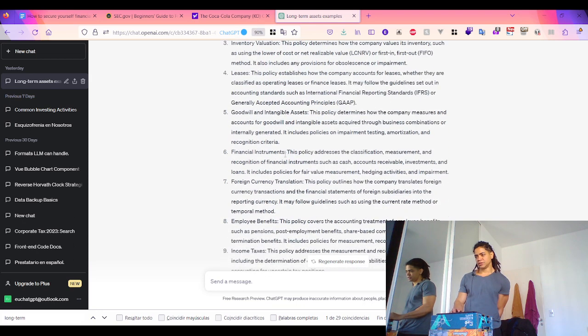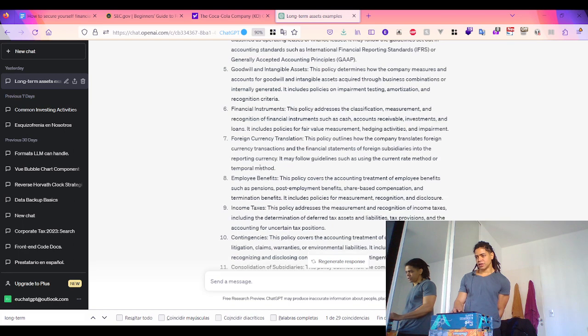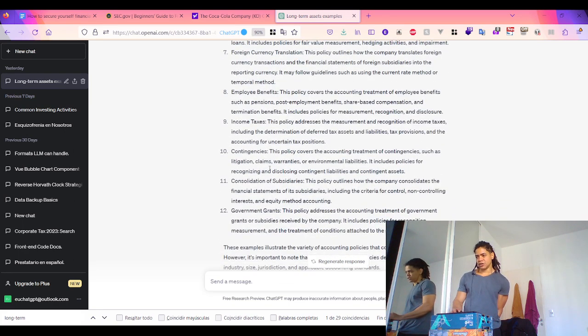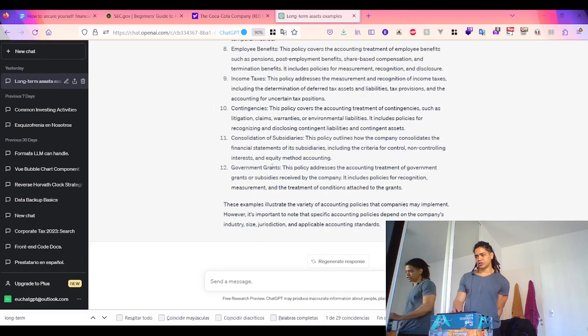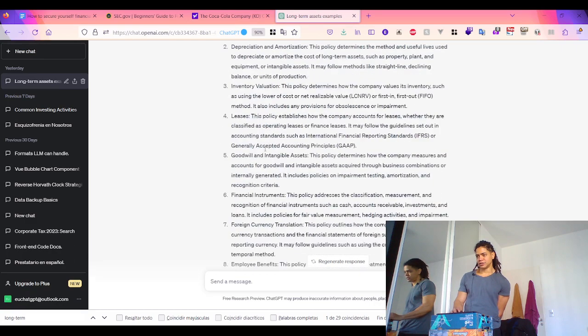Financial instruments: this policy addresses the classification, measurement, and recognition of financial instruments such as cash. Then foreign currency translation, employee benefits, income taxes, contingencies, consolidation of subsidiaries, and government grants.